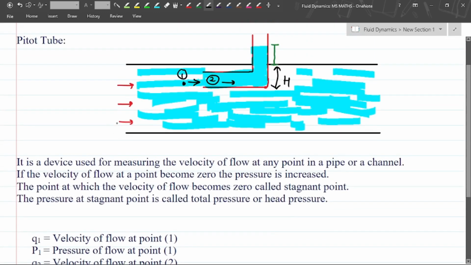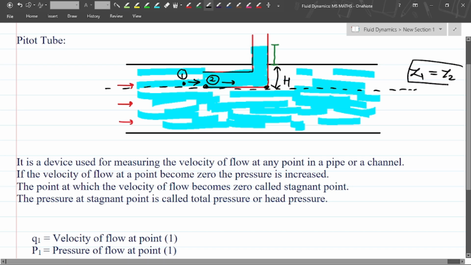If this is my reference line, then the heights of the Pitot tube at both points are 0. Then Z1 is equal to Z2.